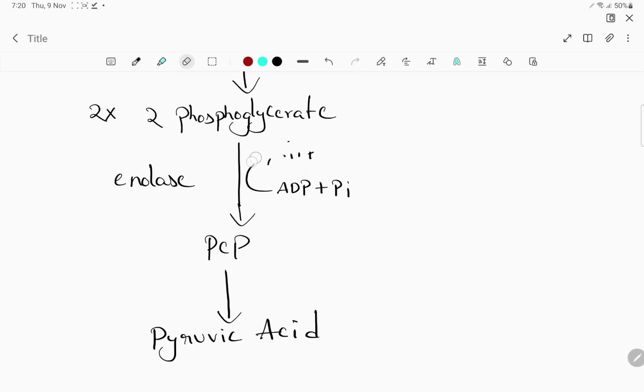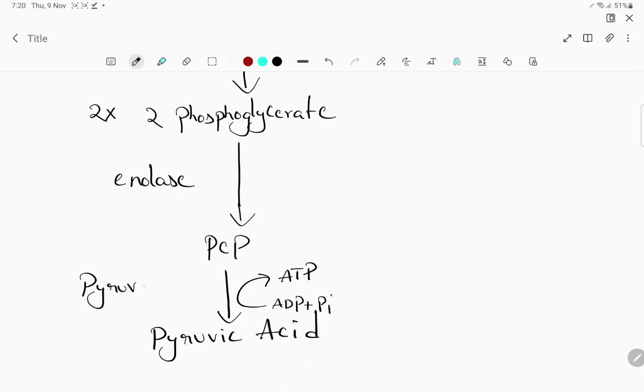Excuse me for this. Actually here no ATP is produced, and the ATP that is produced is here. 2 ATP are produced from ADP plus Pi, right? So here the enzyme is pyruvate kinase.